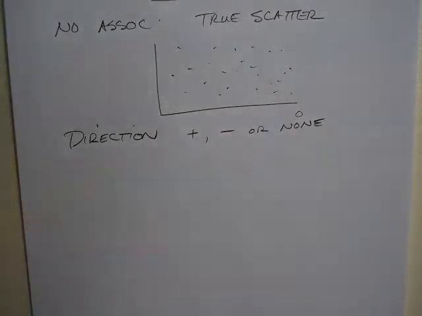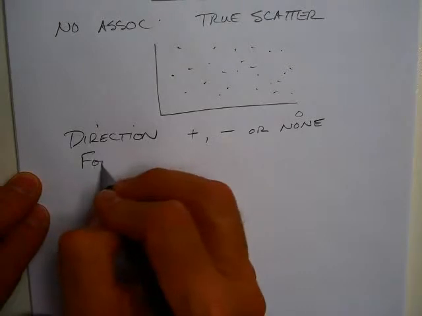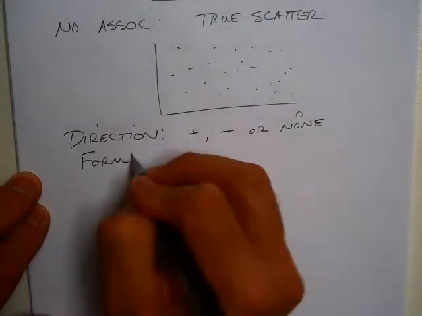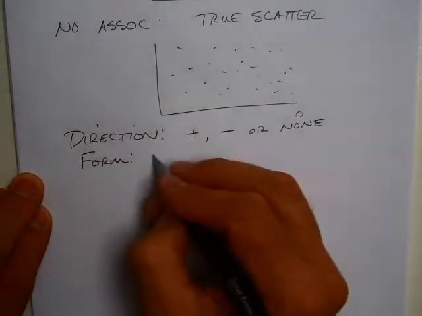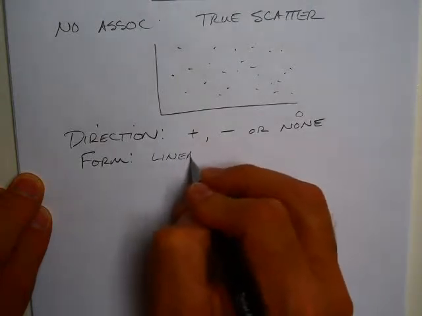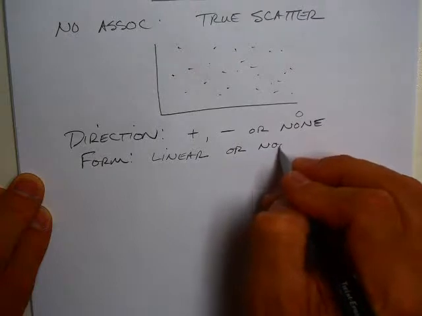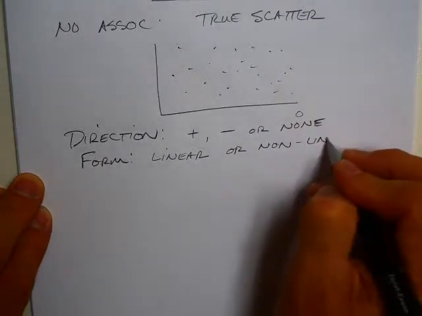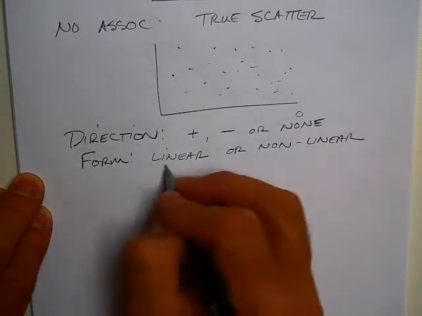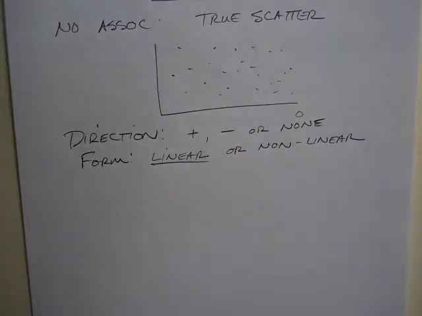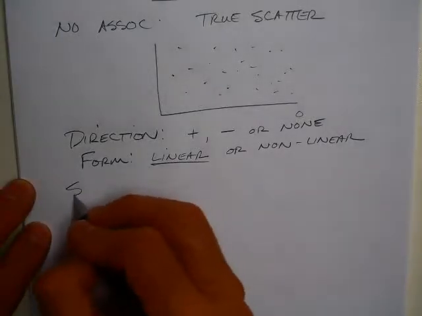Okay. What's the form? Is it linear or something else? Nonlinear. We want it to be linear, but if it's not, it's not. What do we do? The next thing is strength.